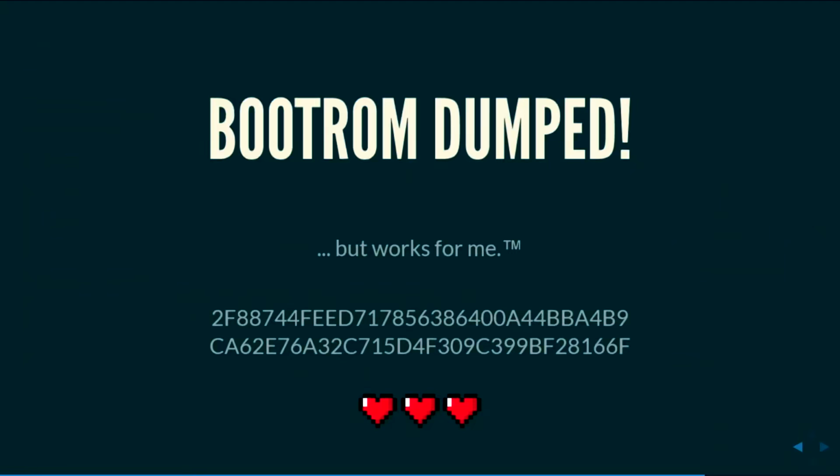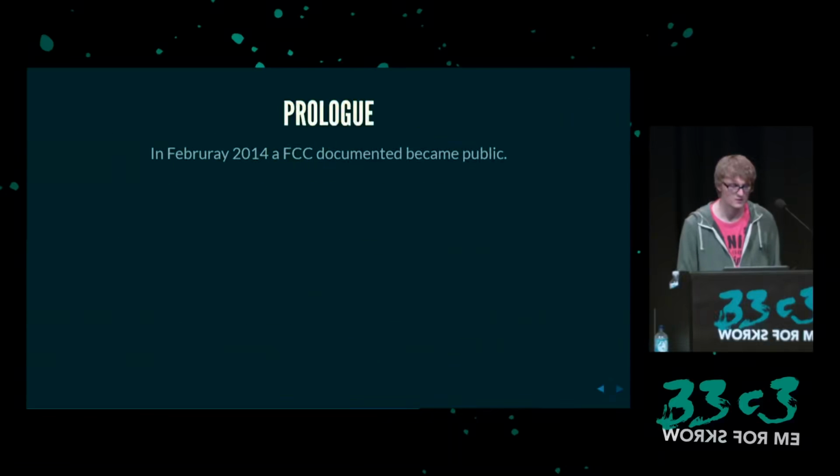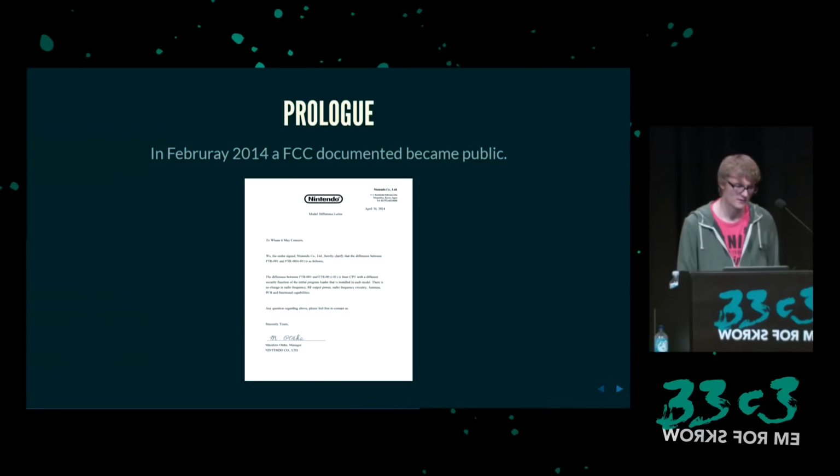So, okay, we got the boot ROM, and Nintendo's losing a life there. Before we look at the boot ROM, I have a little prologue for you. In early 2014, an FCC document became public. There it is.